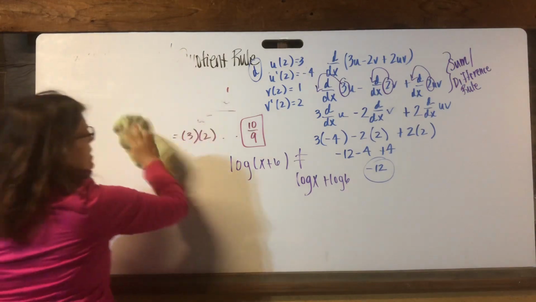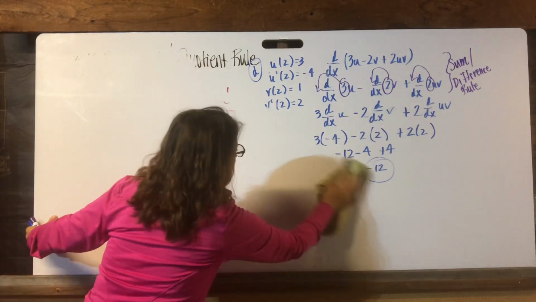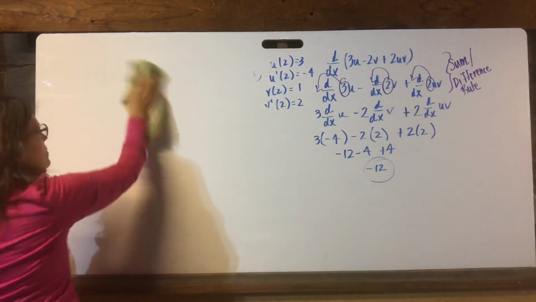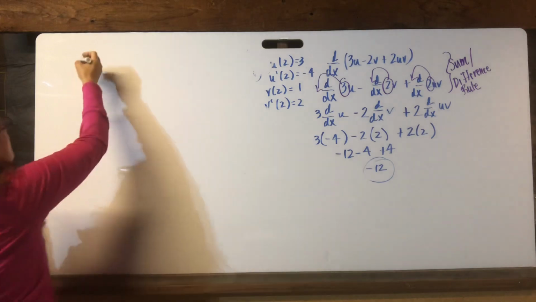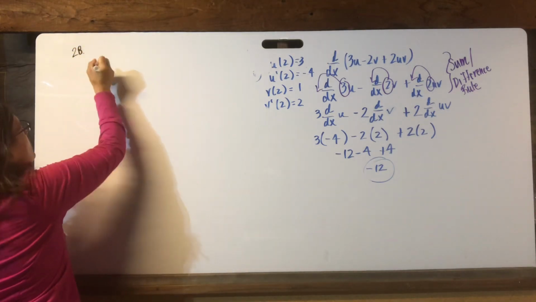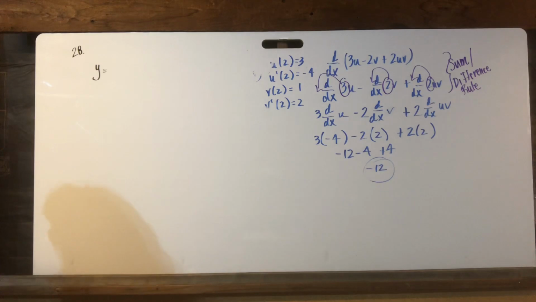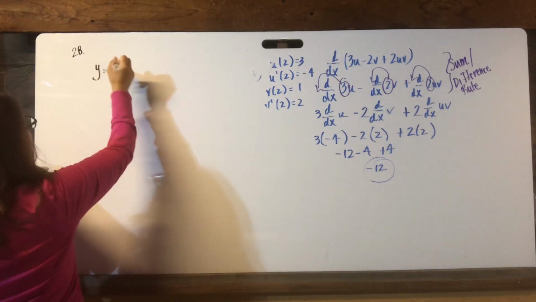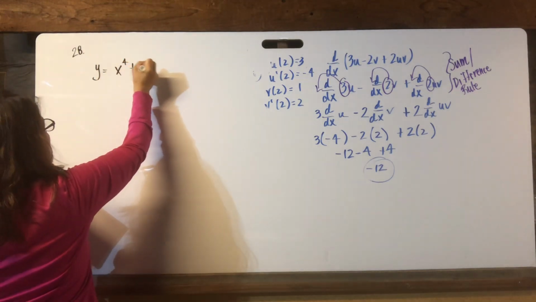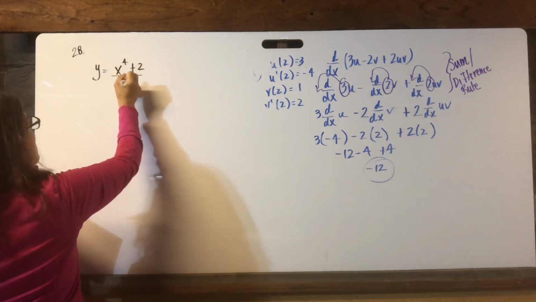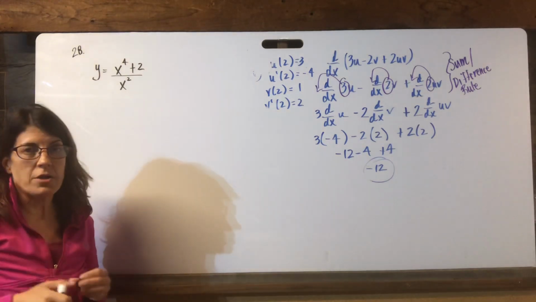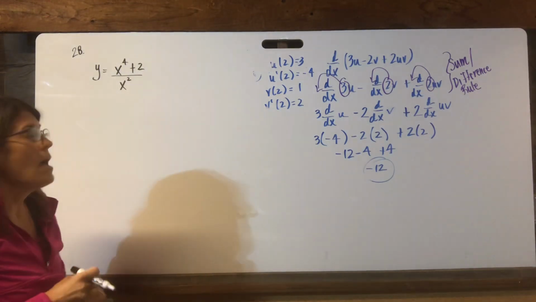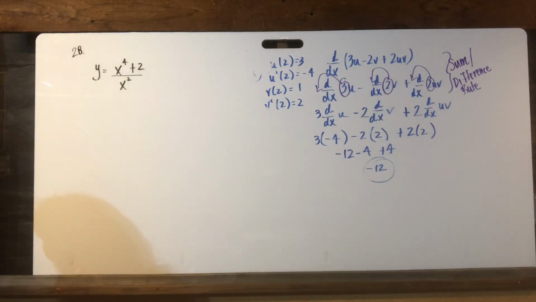They want you to find the equation of the tangent line at x is -1.